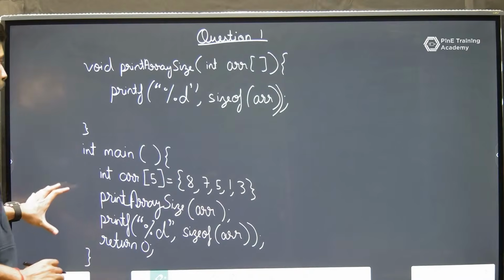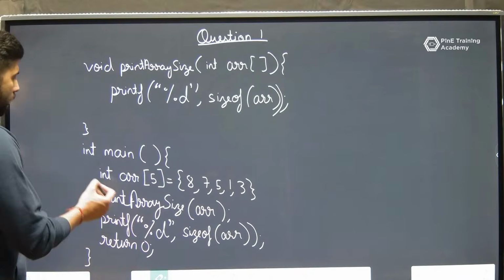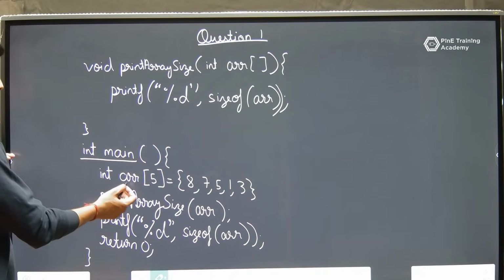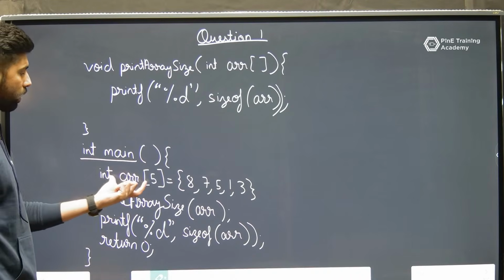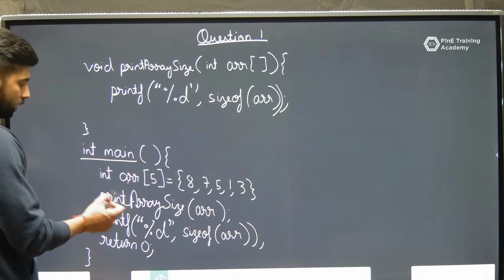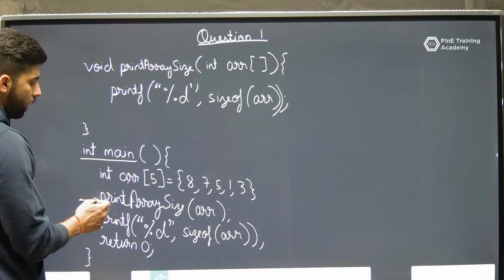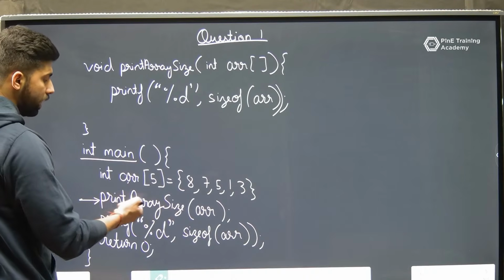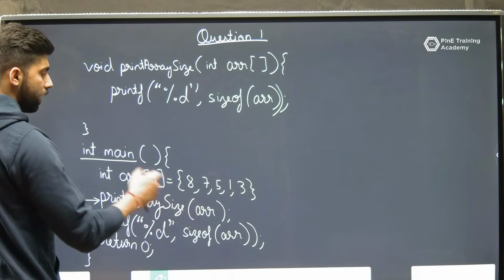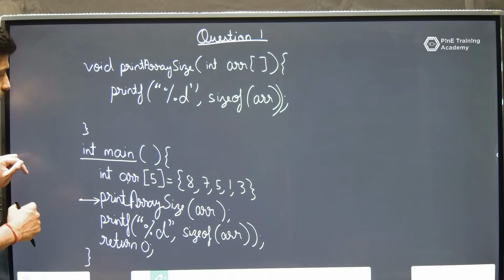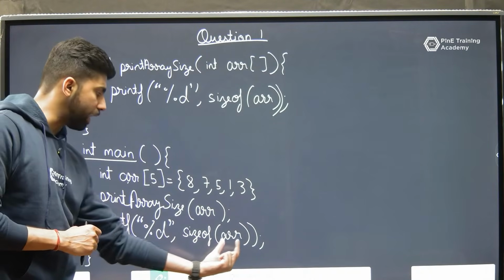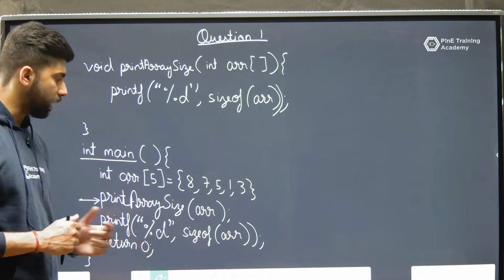In question number 1, I have a main function, and inside this main function I am creating an array of size 5. After that, I am calling the function print array size, and I am passing that array into that function. After this, I am printing the size of my array using the sizeof operator.